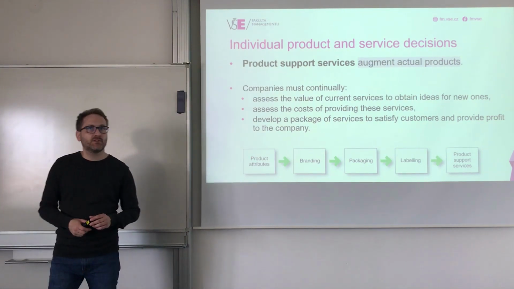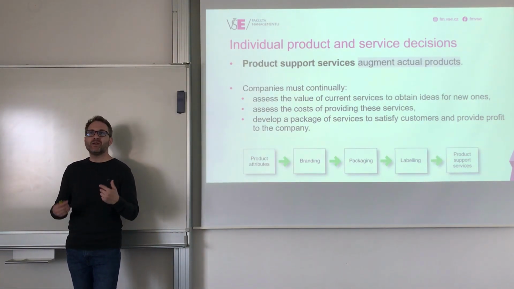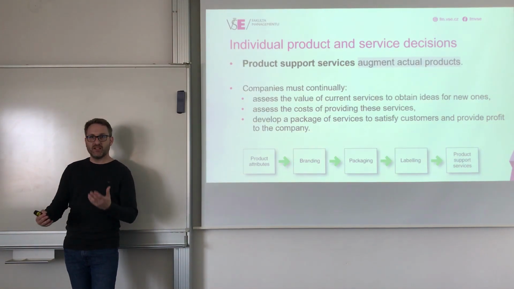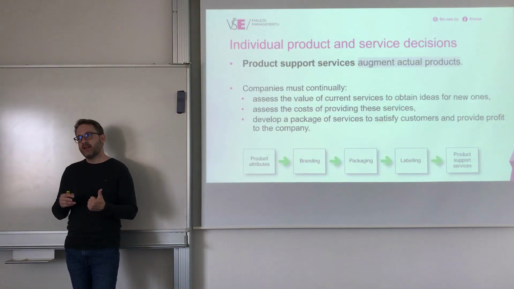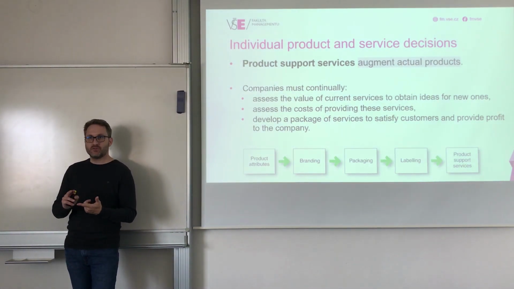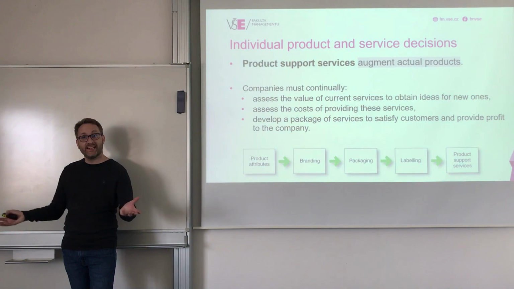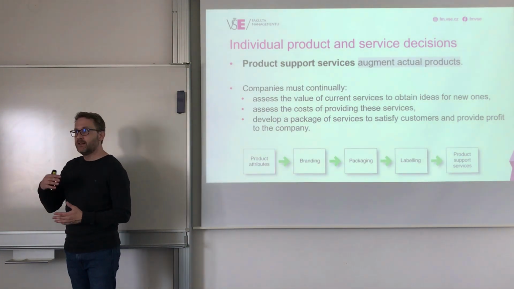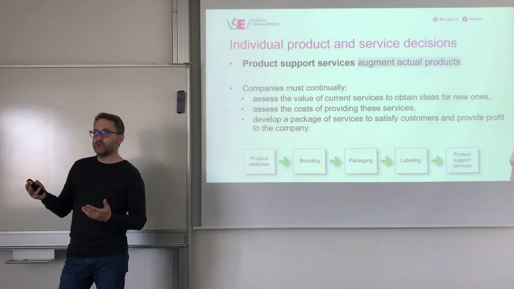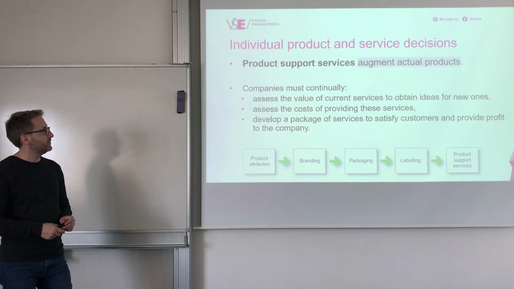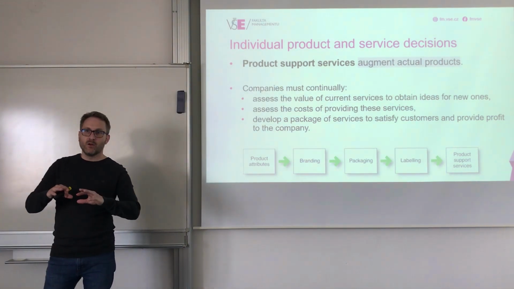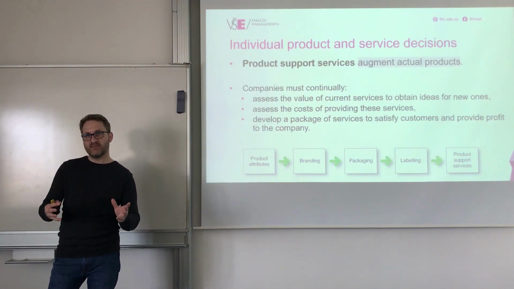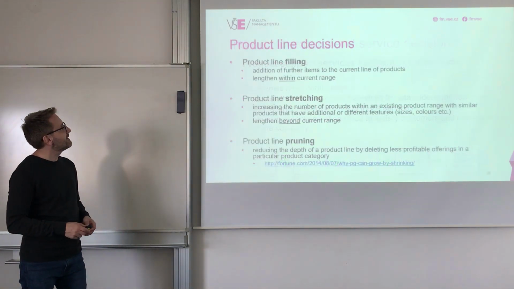And this could be the thing we give to a consumer to feel better when using the product. So it could be about the warranty, it could be about services like completing the product, or moving the product, and so on. So this is also very important in the decision how to set the final product mix.